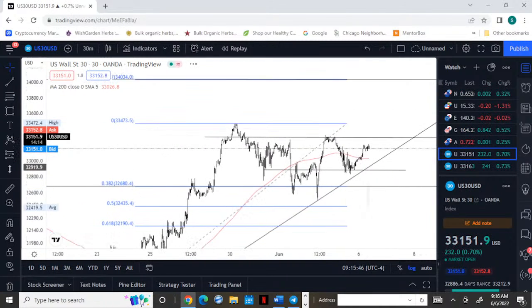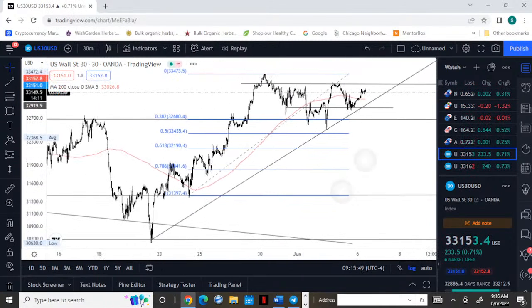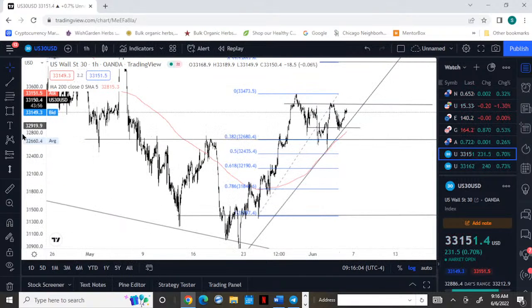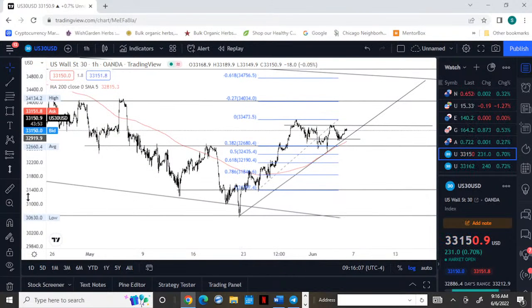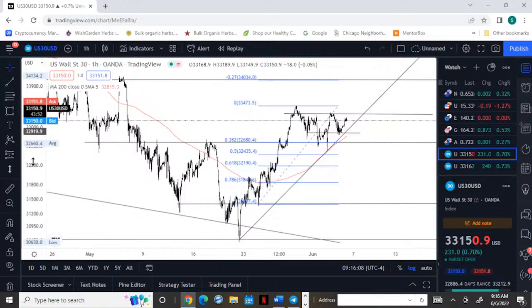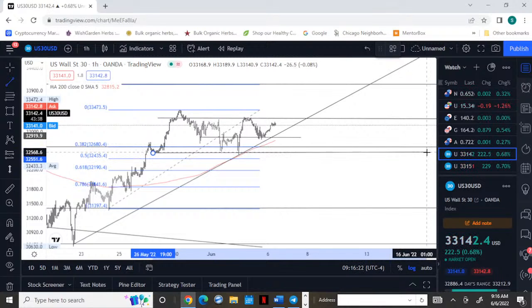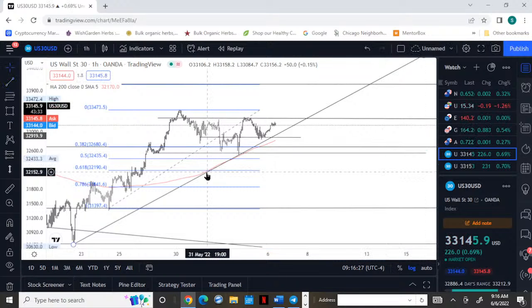Let's see. I want to say this area right here on the 1 hour. We got 1, 2 touches.